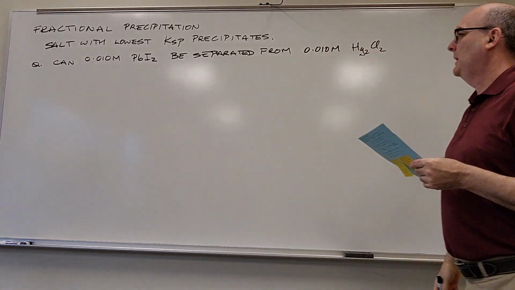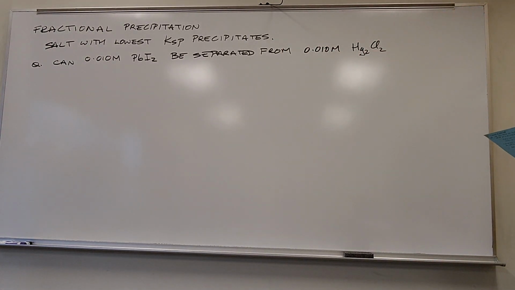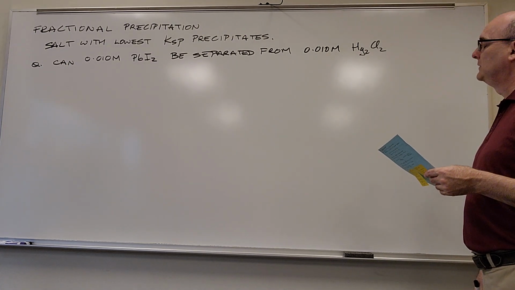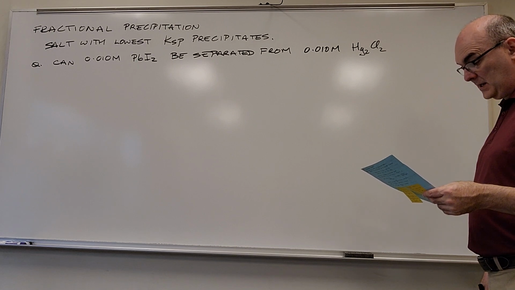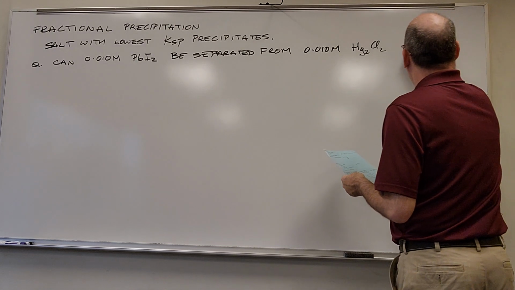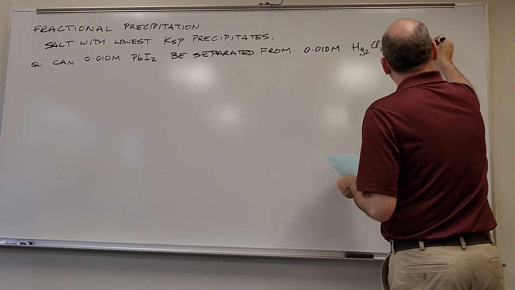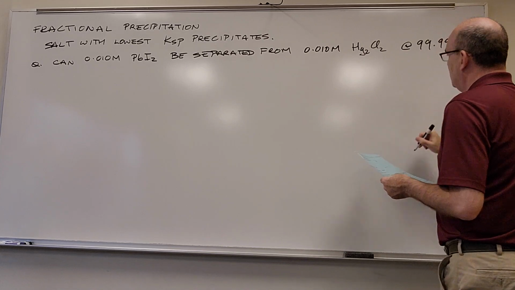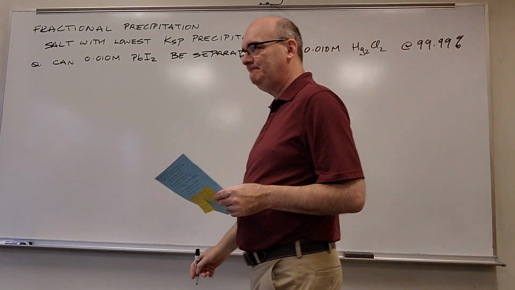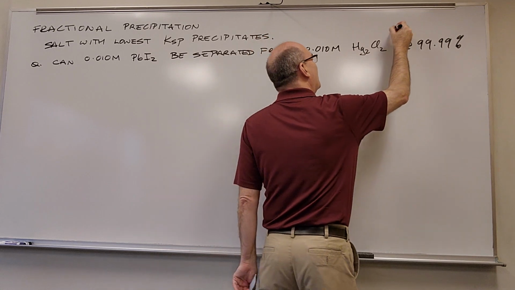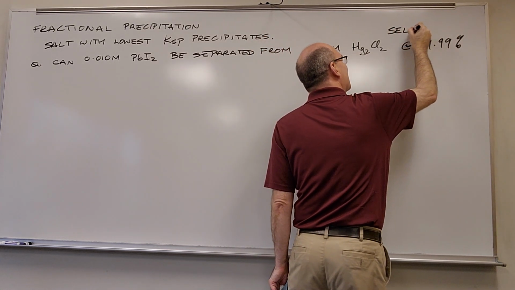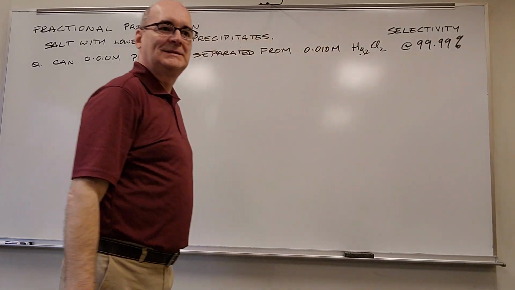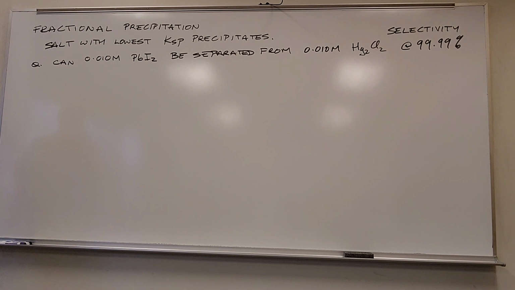Can I separate a 0.01 molar solution of lead iodide from a 0.01 molar solution of mercury iodide at an efficiency of 99.99%? I would probably want to call that a selectivity. A selective precipitation.